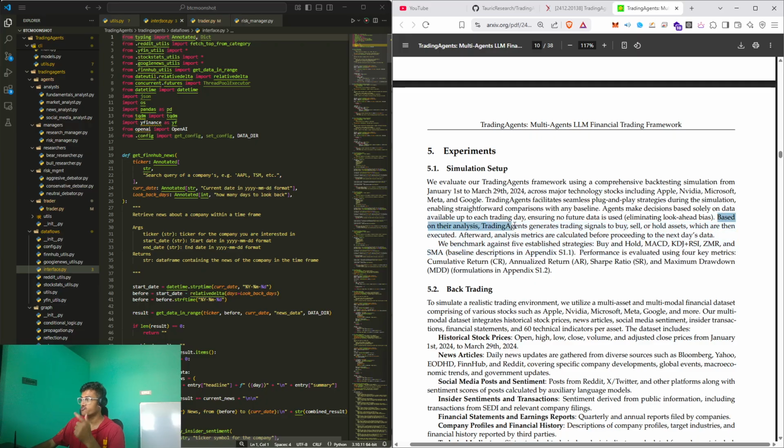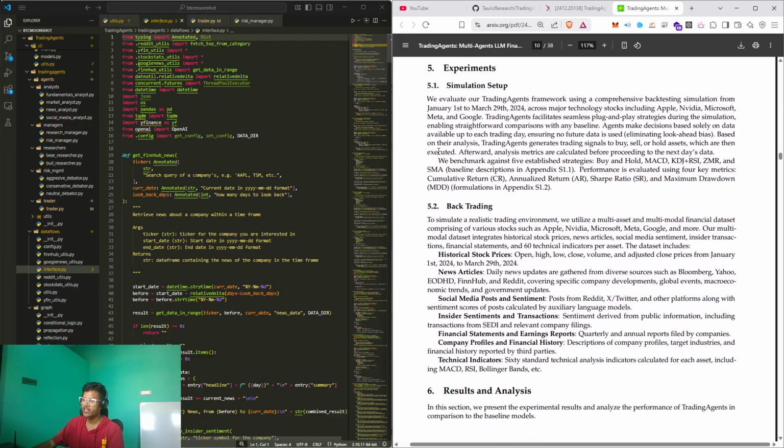Based on their analysis, TradingAgents generates trading signals to buy, sell, or hold assets, which are then executed. So the trading agency generates three signals, buy, sell, or hold, which are then executed by the managers, right? Afterward, analysis metrics are calculated before proceeding to the next day's data.